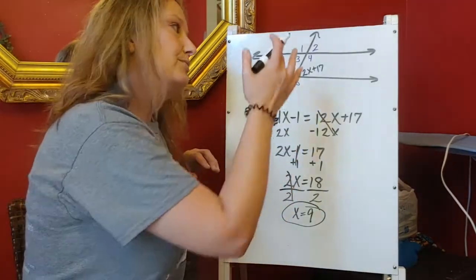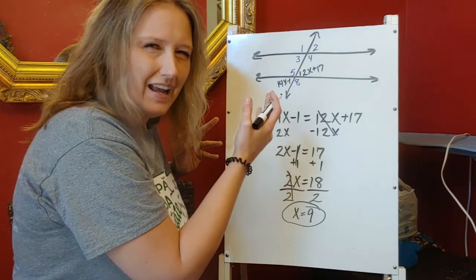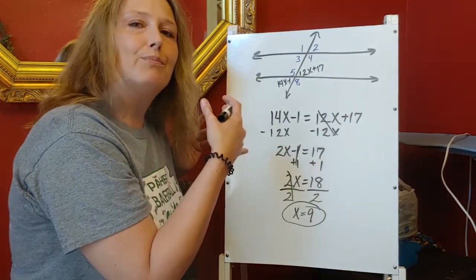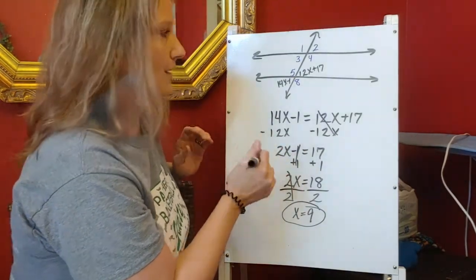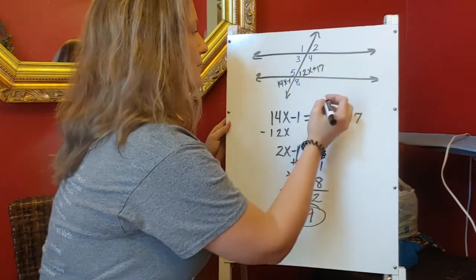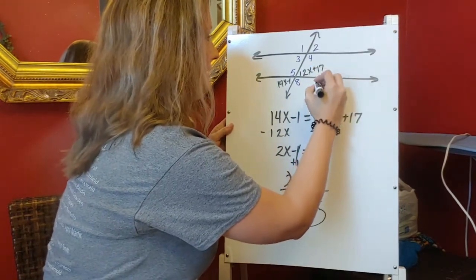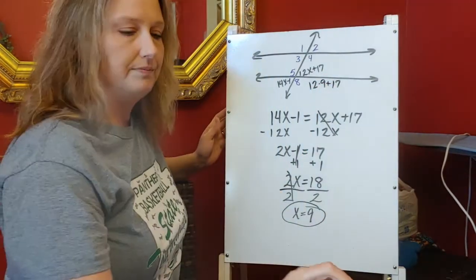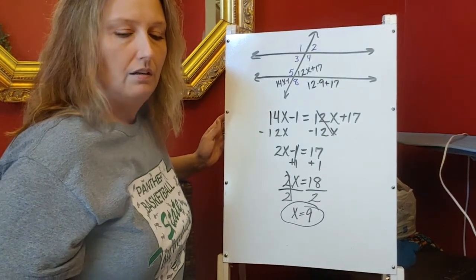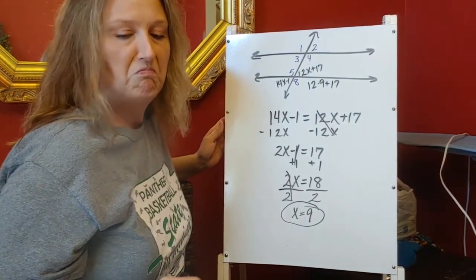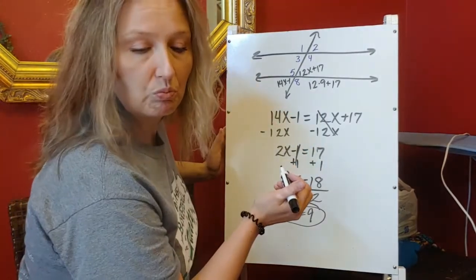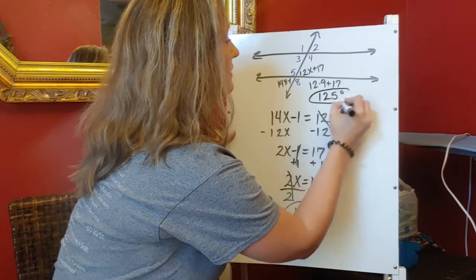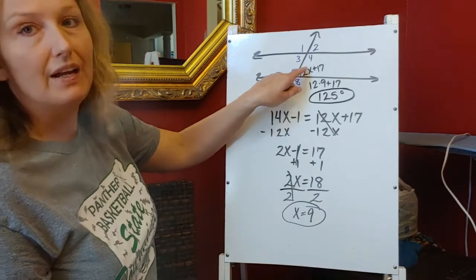I'm going to take that and substitute it back into the expressions that I already have for my vertical angles. I really only have to do one because they are congruent, but we're going to do both of them just to make sure we're doing the work correctly. So I'm going to take this 12x plus 17 and substitute in a 9 for it. So 12 times 9 plus 17 gives us 125 degrees for what used to be angle 6.